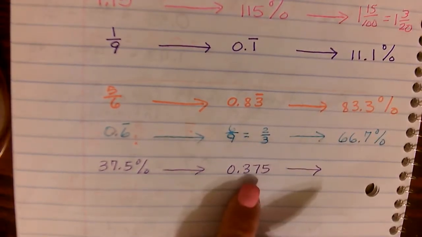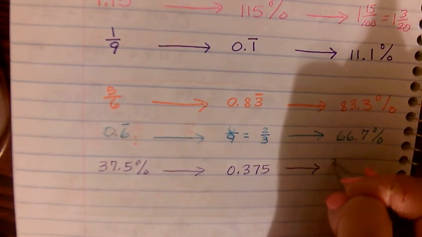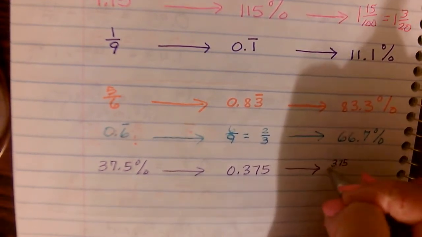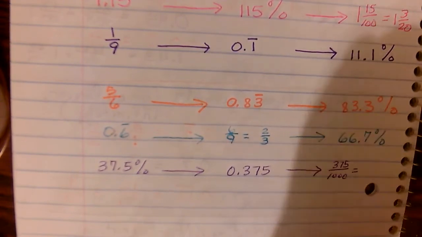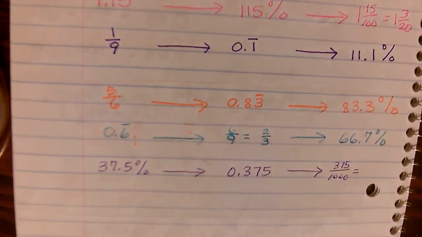The 5 is in the thousandths place, so that's the same as 375 over 1,000, and that simplifies. 25 will go into 375, and 25 will go into 1,000. So I would ask you to simplify this yourself at this time and write your answer there.